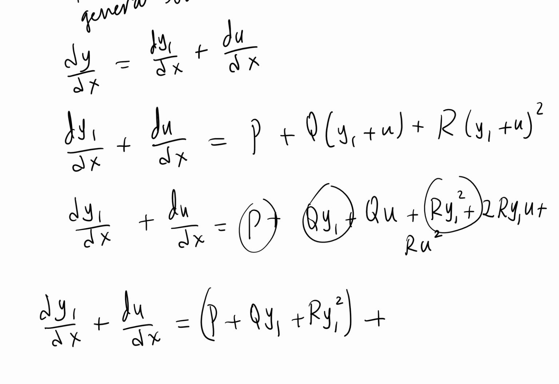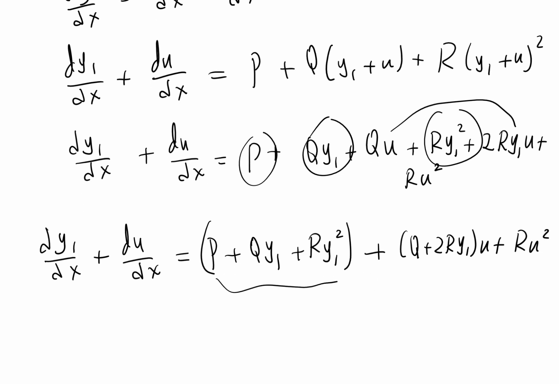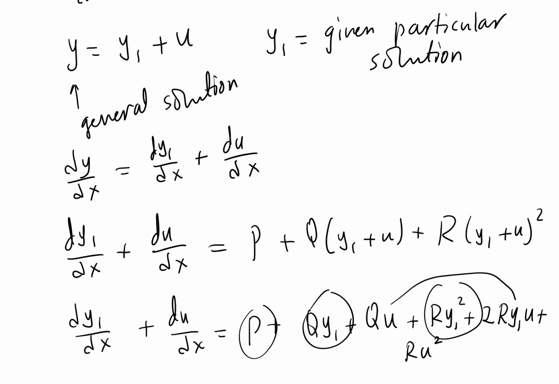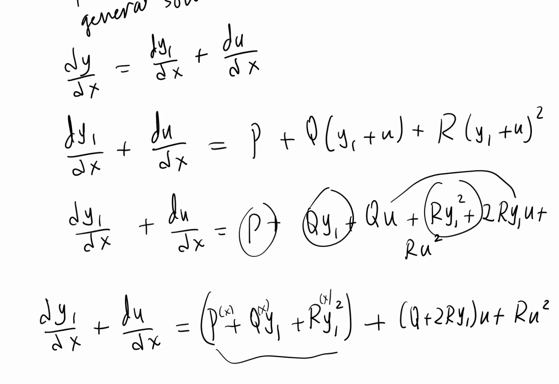And now I'm going to factor the u among these two, and that will leave r u squared. So notice, what is this here? That's p(x) plus q(x) y1 plus r(x) y1 squared. That's exactly the same right hand side that I started my equation with, dy/dx, but the only difference is that instead of y, I have y1.